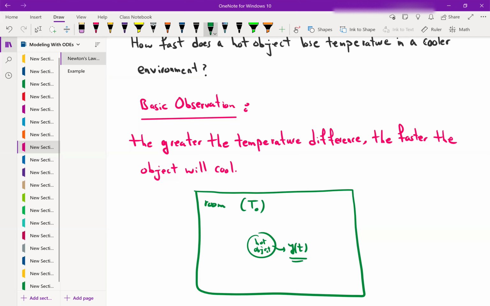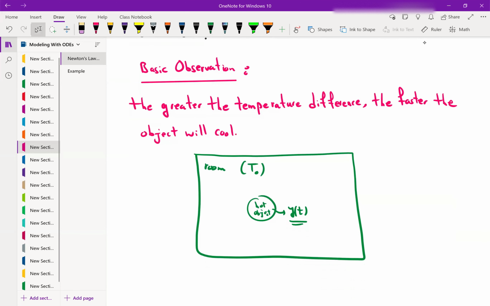So every time I say hot object, think of a coffee mug inside the room, and the room temperature is T naught. And what people observed is that the rate of change in the temperature of the coffee mug, the rate of cooling, is proportional to the temperature difference between y of t and T naught.